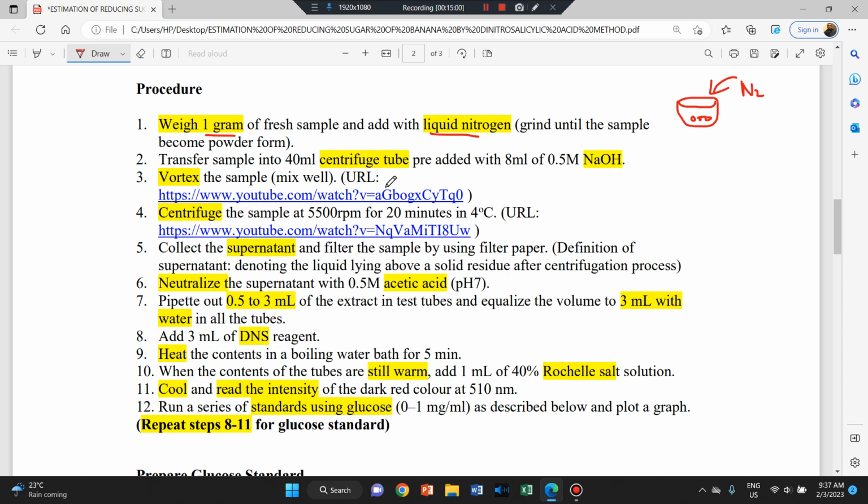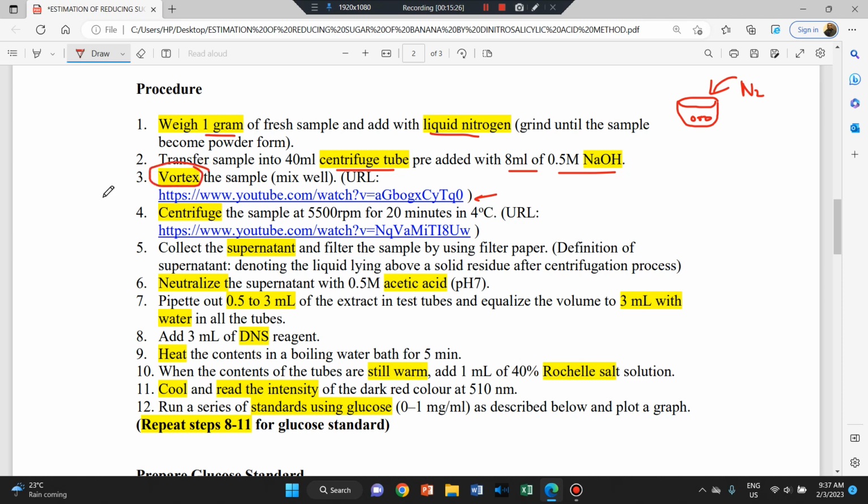After that, we transfer it into a centrifuge tube and add 0.5 molar NaOH, only 8 ml. Since you are relatively new to biochemistry practicals, I have also prepared a YouTube video on what a vortex is all about.